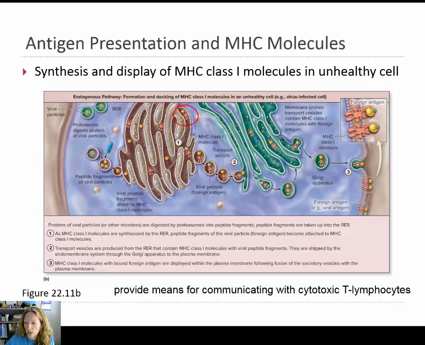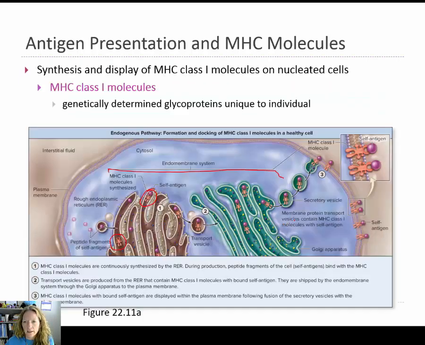So this is really good. This is going to be displayed, and the lymphocytes that see it are going to be the cytotoxic T lymphocytes. They are the ones that are going to go in, respond to these foreign antigens on an MHC1, and elicit an attack on this cell. So that's kind of interesting on what's happening there.